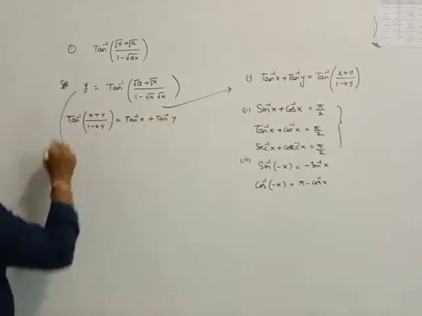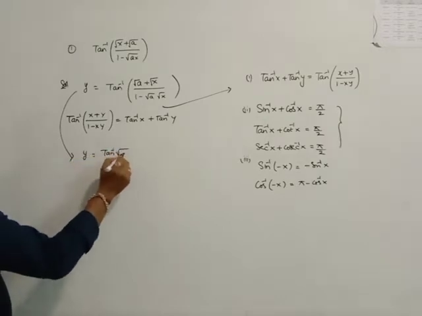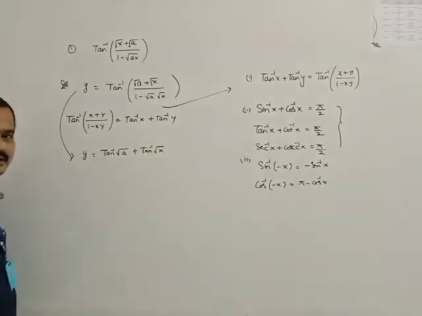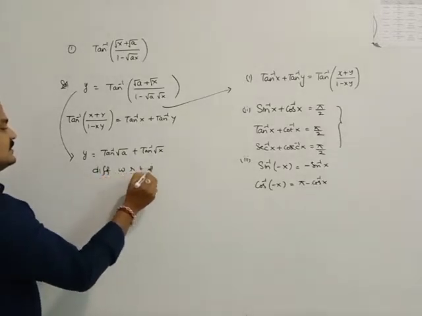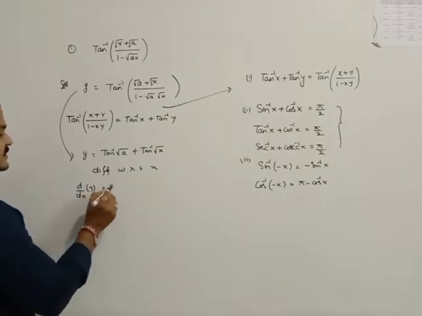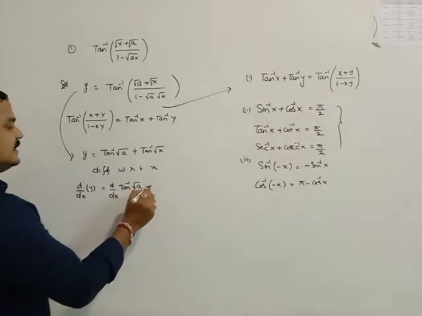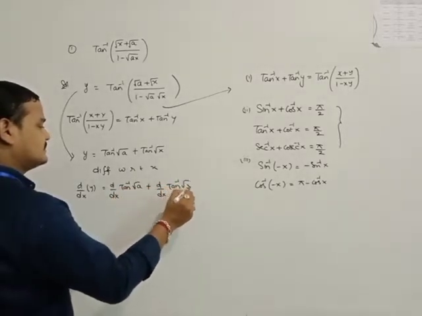Using this formula, it can be converted as y is equal to tan inverse of root a plus tan inverse of root x. Now you need to differentiate this. Differentiating with respect to x, d by dx of y is equal to d by dx of tan inverse of root a plus d by dx of tan inverse of root x.